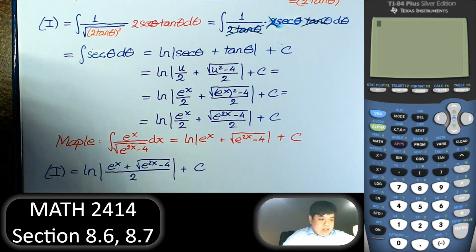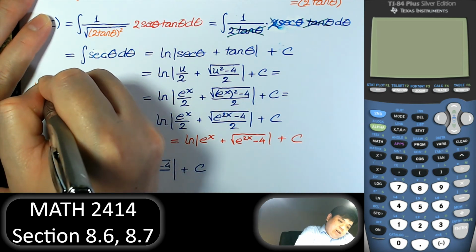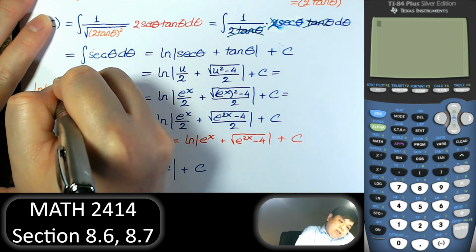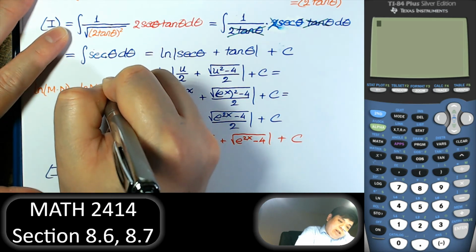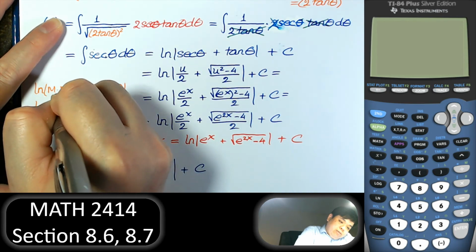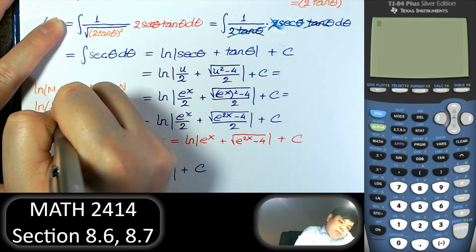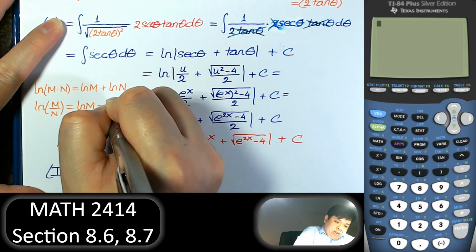What we use is these properties: ln of a product is the sum of the ln, and ln of a quotient is the difference.